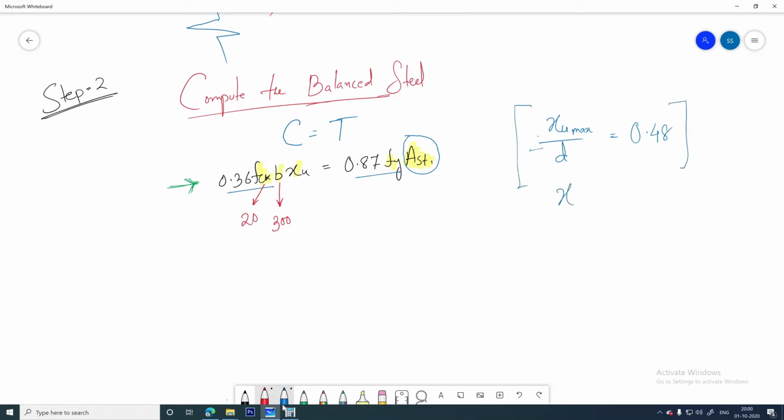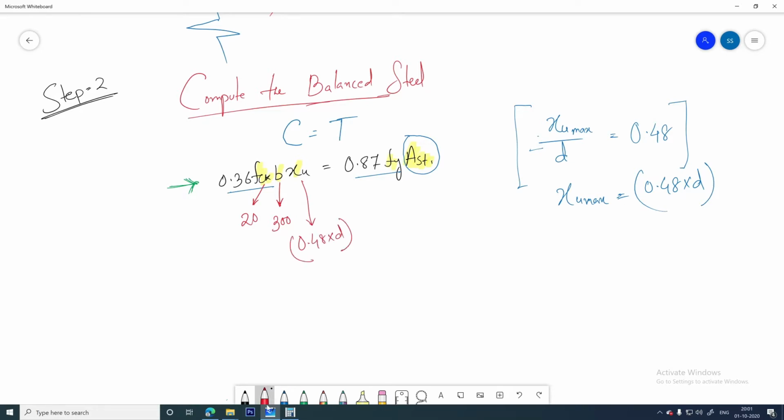So what will be the value of xu max? Here you can write 0.48 into d. So here in place of this xu you can write 0.48 into d.